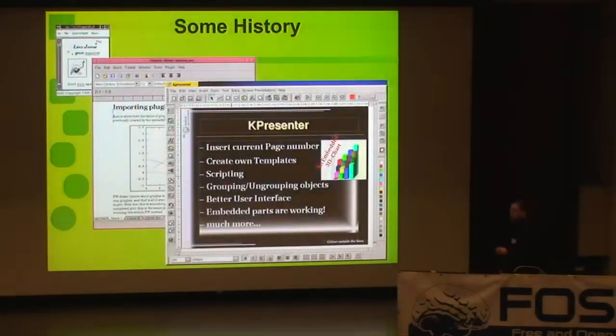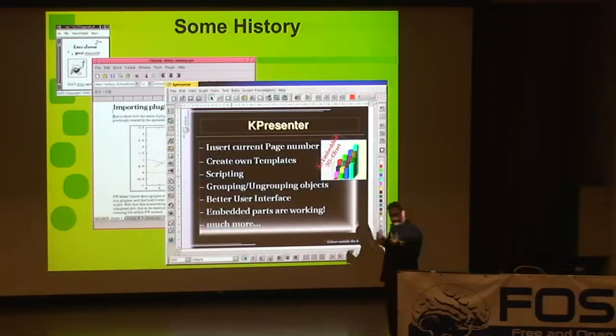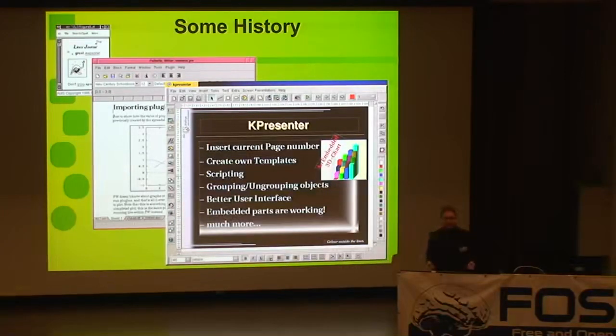So, some history to start with, because we are often asked, why are you working on yet another Office software application? There are others, and they're already free. I think the very first free Office application was the Andrew Suite by Carnegie Mellon. It's on the top left. It actually supported embedding pictures, tables, embedded email. It was quite cool, but as software goes, it was really, really hard to use.